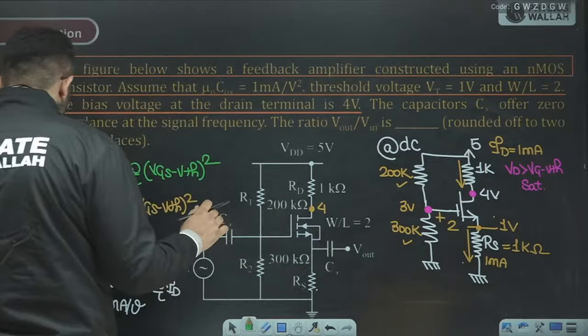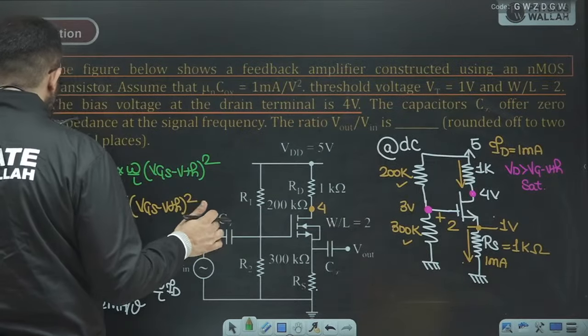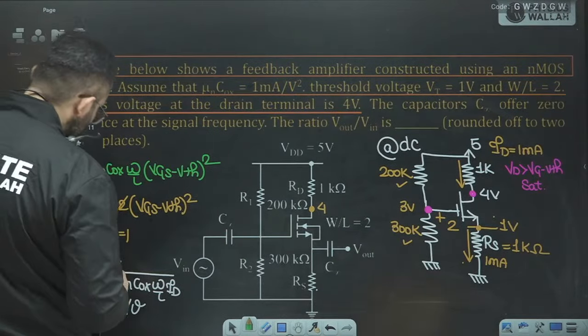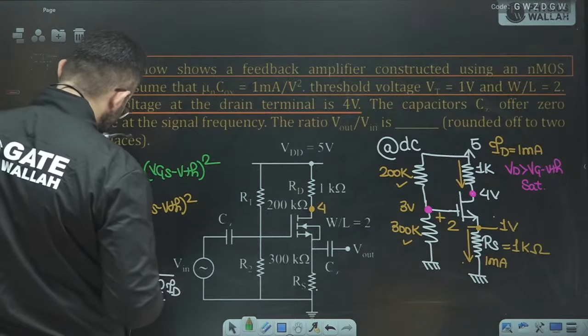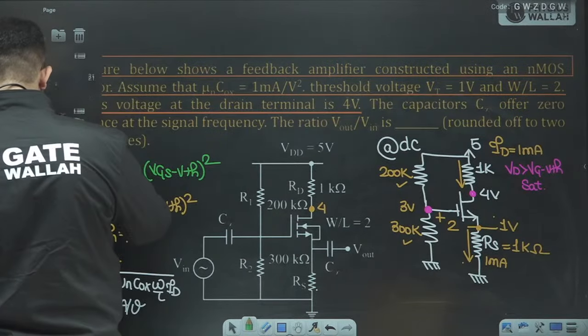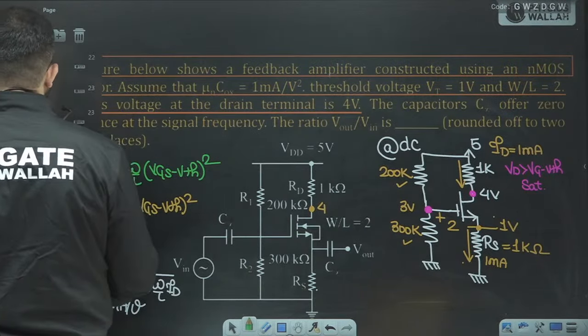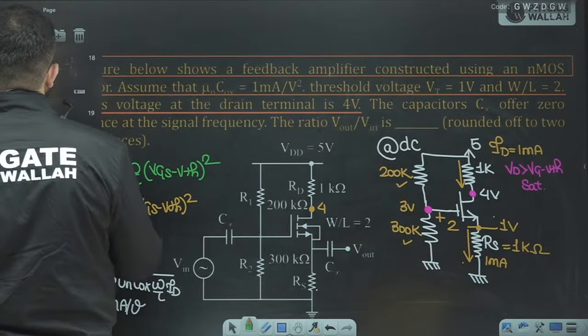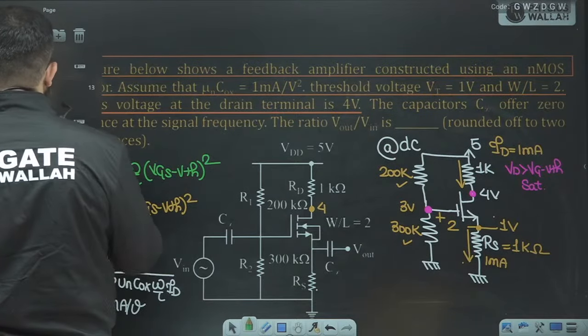So we can solve the circuit at AC now. We have done this in DC. So we have solved the circuit at DC. Now we will solve the circuit at AC again.